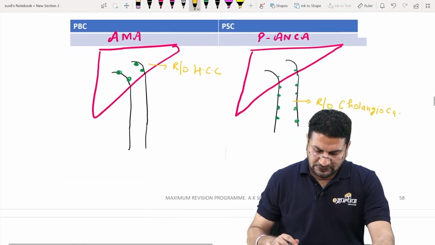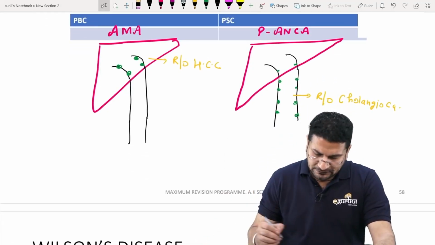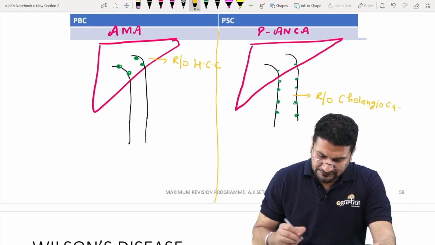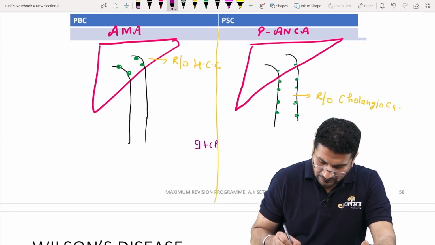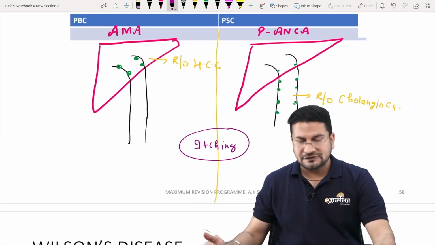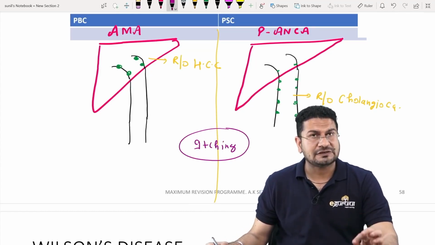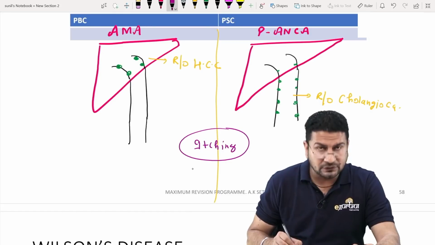Both are problems with the liver and duct. The first common symptom will be itching, but this itching is often ignored. Patients do not notice this itching, but itching is the first and most common symptom. The drug of choice for both will be ursodeoxycholic acid.